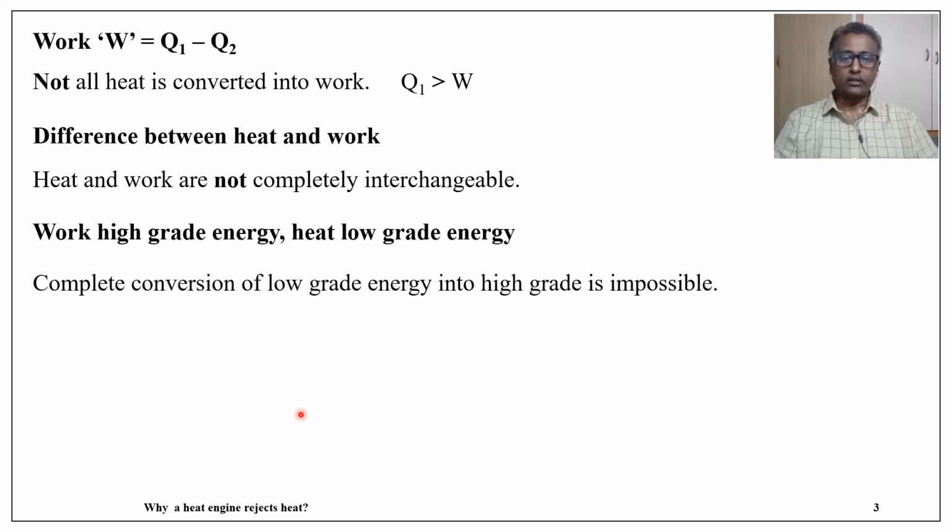Heat is added by bringing in contact with the source, and heat is rejected by bringing in contact with the sink. So this is done in a cyclic manner repeatedly for the cyclic heat engine to work continuously.